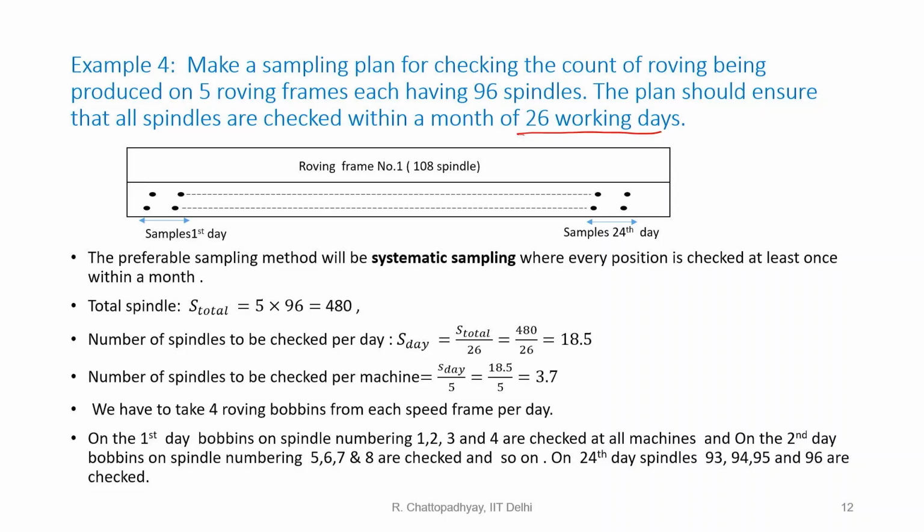In the spinning machines in the factories, the sampling plan also should ensure that all the production positions are checked within a month, or within 3 months, or within 6 months.